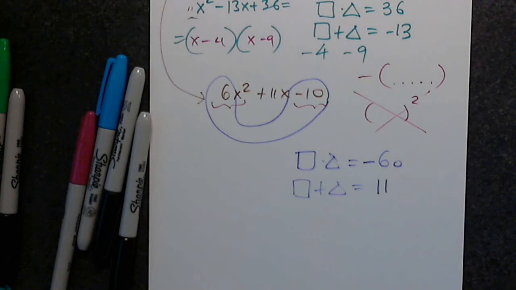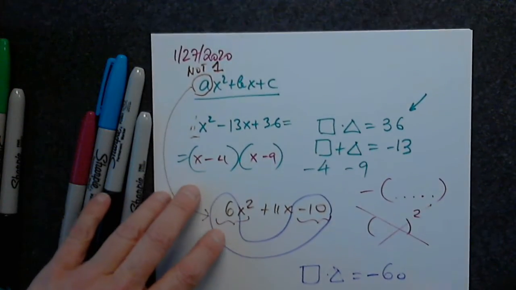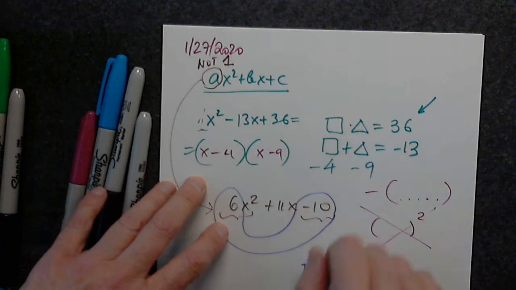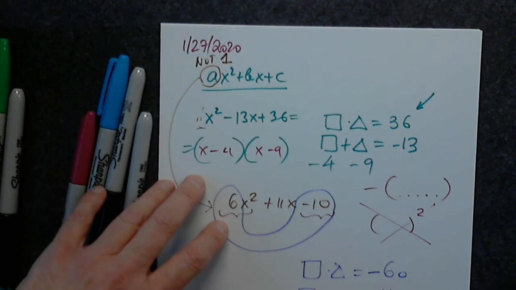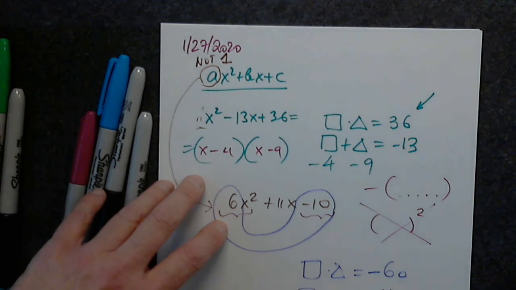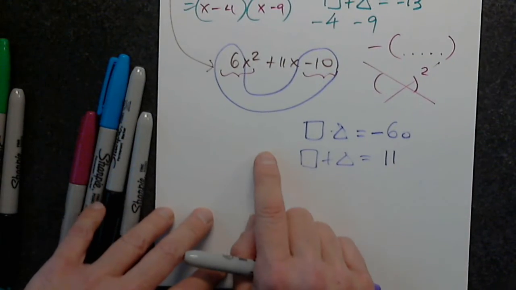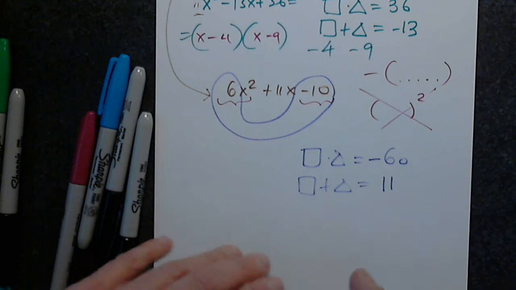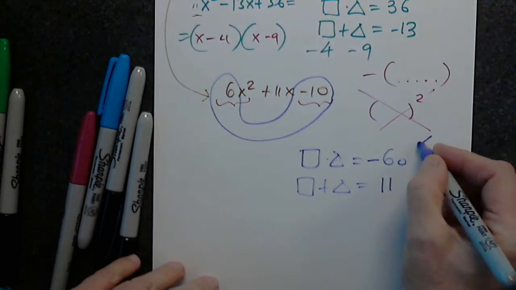First of all, we incorporated the leading coefficient because it wasn't 1. Did I do it in the previous problem? Yes, of course, but I didn't tell you. I still said 1 times 36 is 36, but I didn't say that. At this point, I'll have to find, again, we start with the product. This is the key.